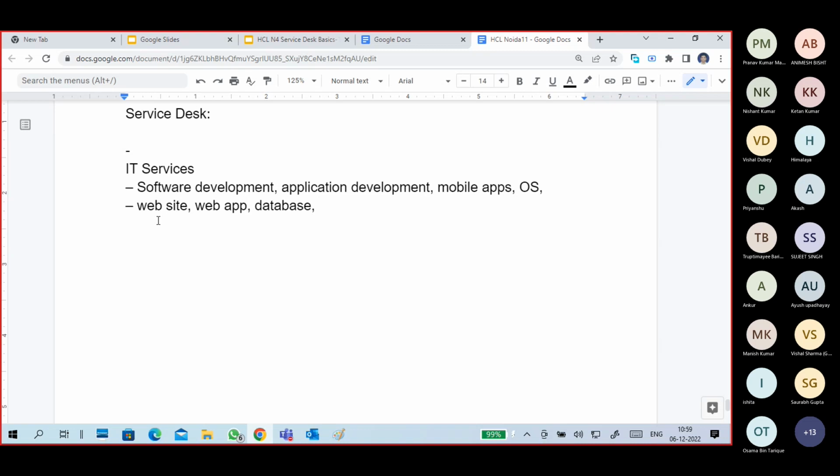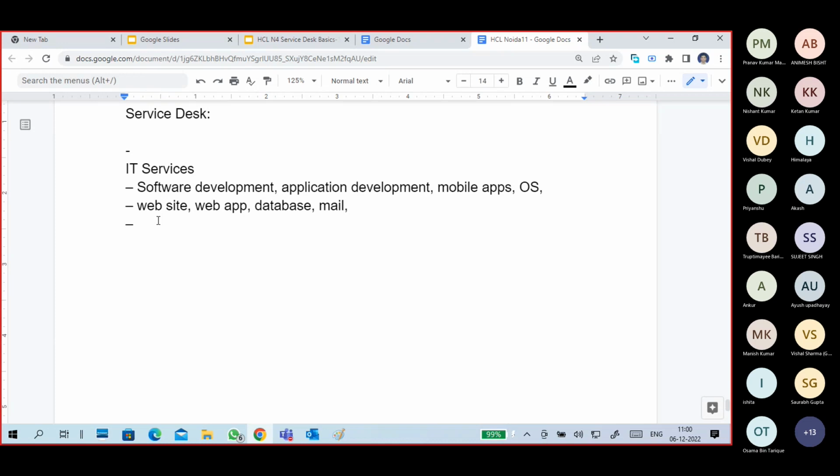These are all web-based services. We get emails, so someone is managing these email servers. Also VPN servers. So it's web-related, IT-related, what we are using.